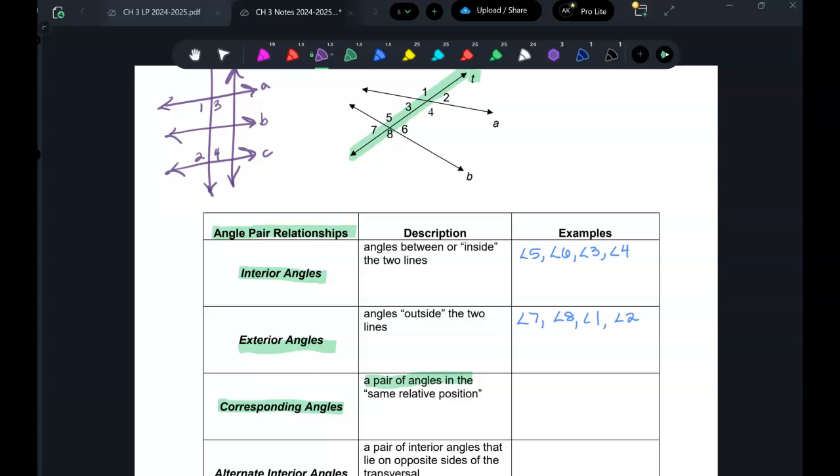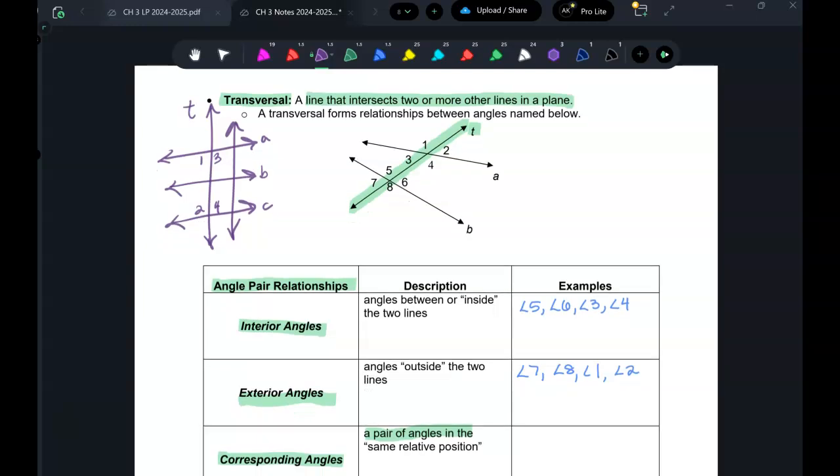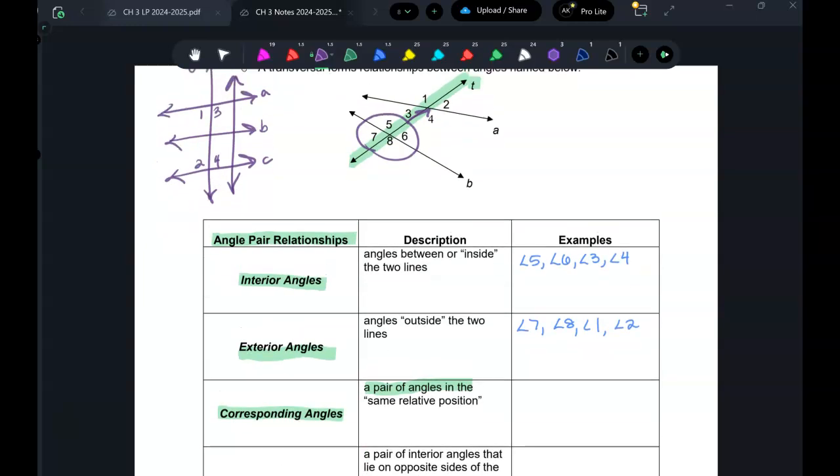So corresponding angles: a pair of angles in the same relative position. So it's kind of like if I were to take angles 5, 6, 7, 8, and I were to shift them up here. So what would 5 correspond to? 1. So angle 5 and angle 1 would be a pair of corresponding angles.